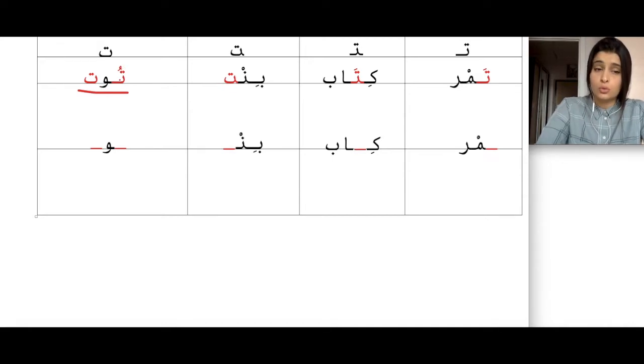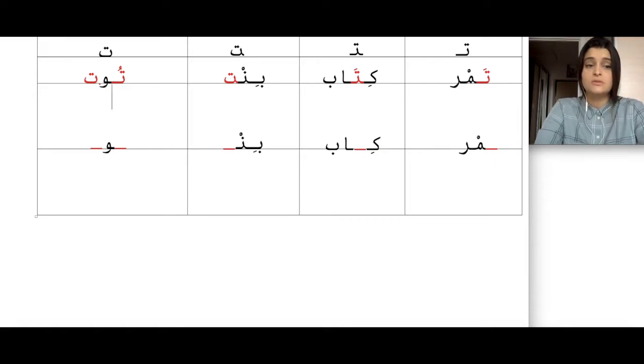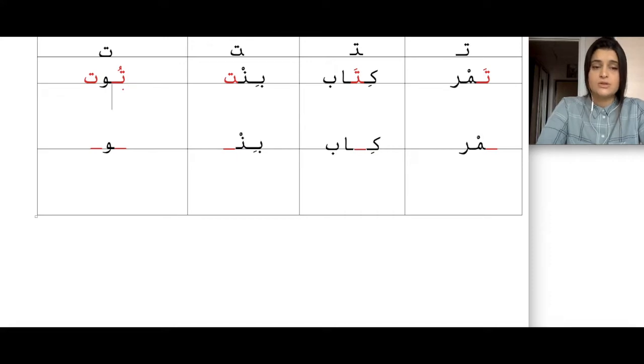So toot. As you can see, letter Ta is by itself because letter Waw here is an evil letter and it doesn't give its hand. This is the hand here. It doesn't give its hand to the smaller letters.